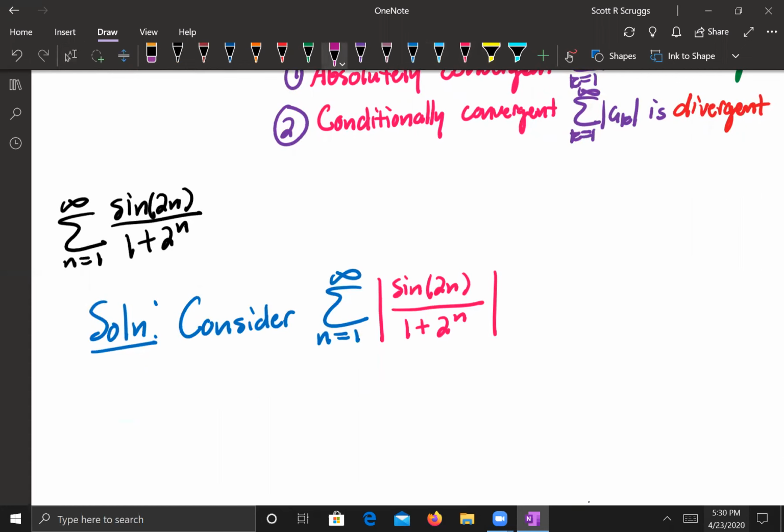And it's a property of absolutely convergent series. So because it is a property, I'm going to list this as a fact.